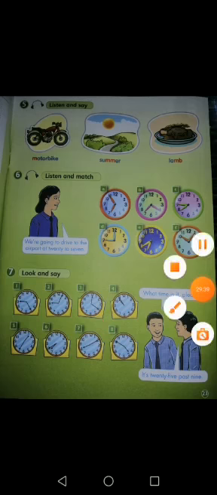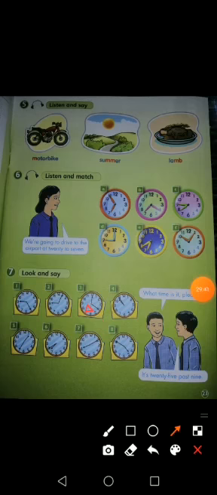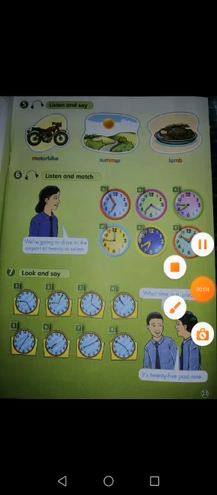Look here, 20 past. Okay, we don't say 22. It is 20 past because the minute hand is on number 4. So it is 20 past 12. Okay, student? So, number 4.